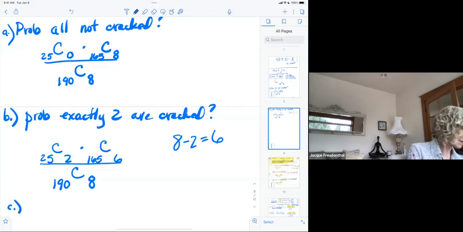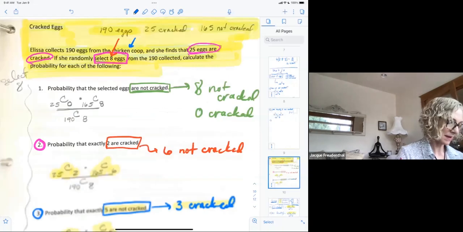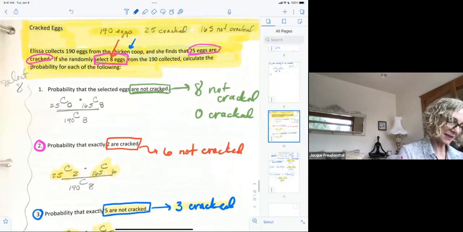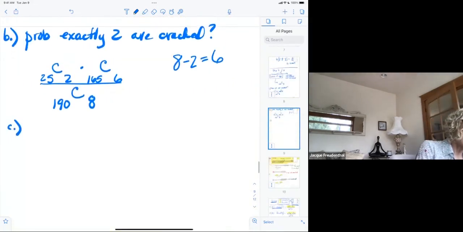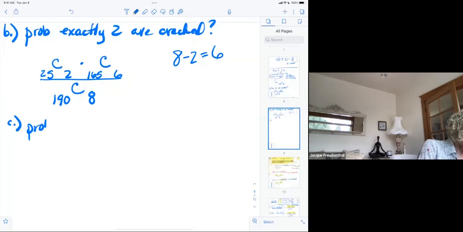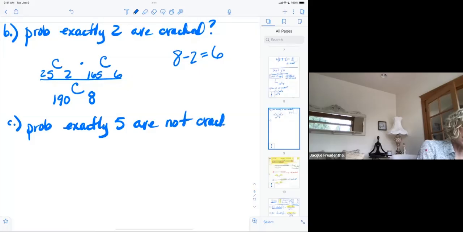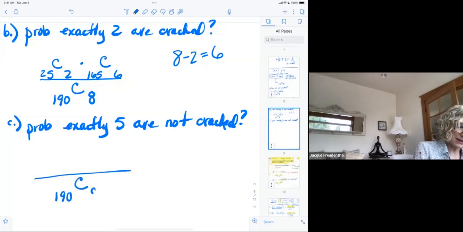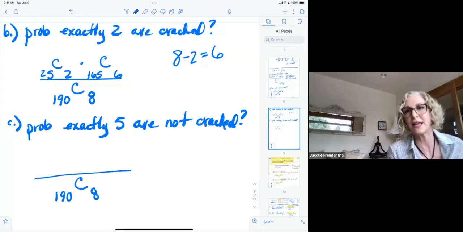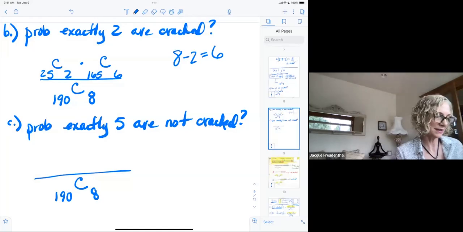Part C. Probability that exactly 5 are not cracked. So the probability exactly 5 are not cracked. Denominator is always the same because it's just the number of ways you can choose 8 out of the total number of eggs.